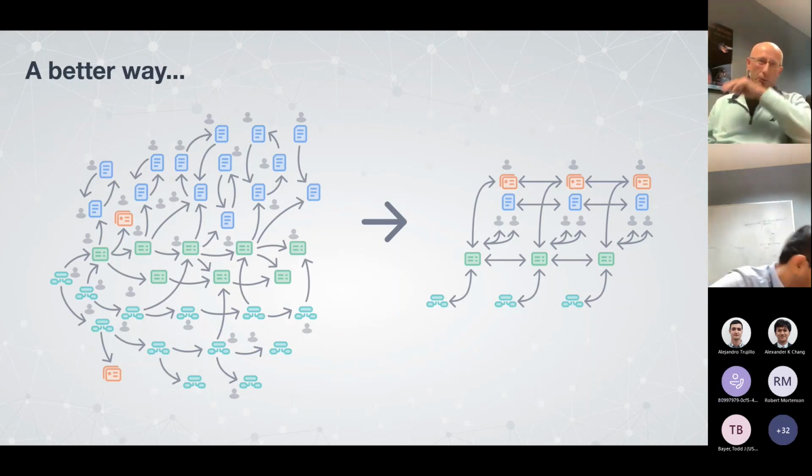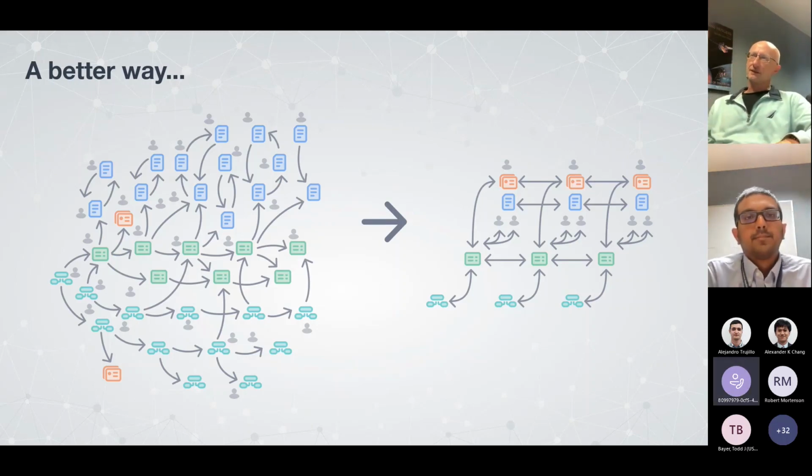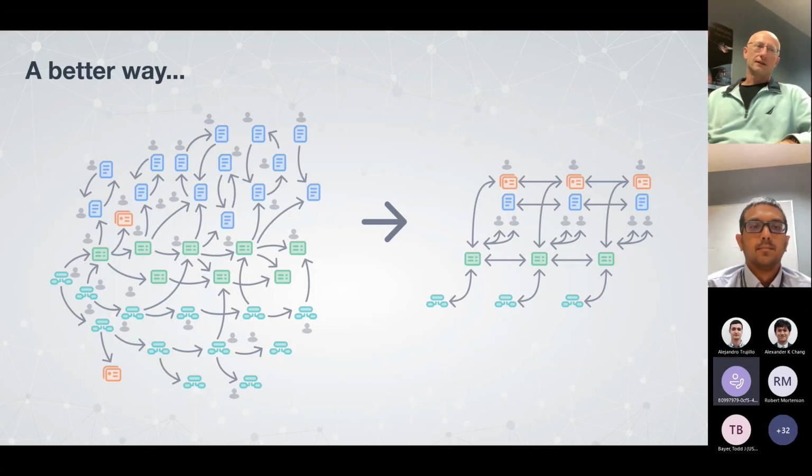So what the OpenMBEE vision is proposing is a more structured approach, from the mess on the left to a more linked data approach on the right. And you will still have those PowerPoints and Word documents and Excel sheets, right?